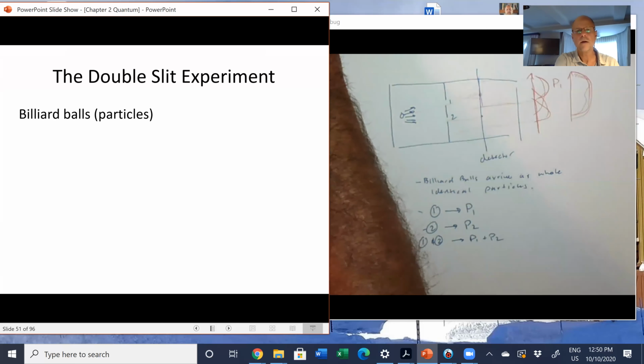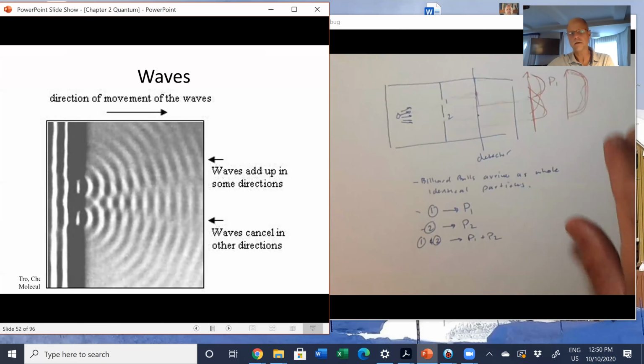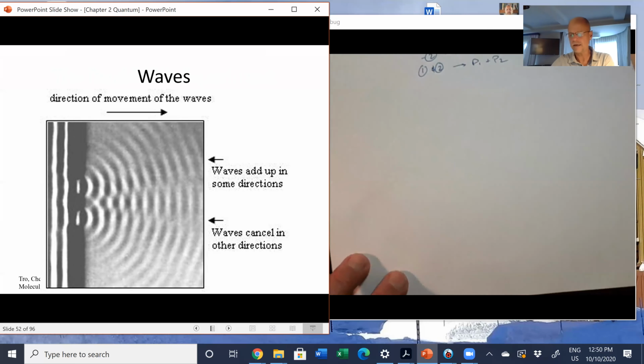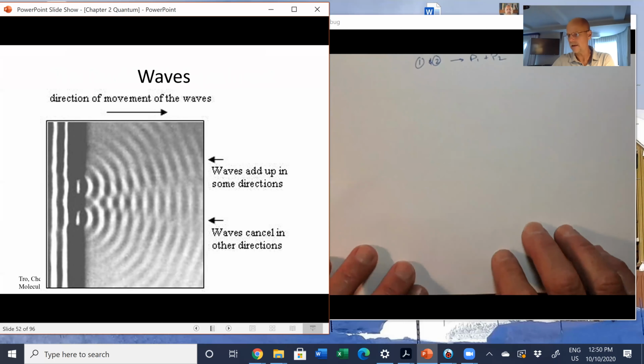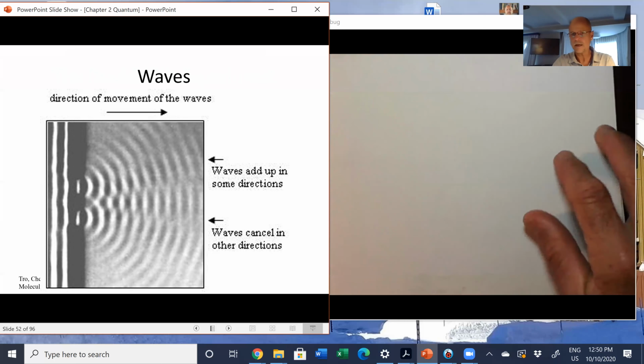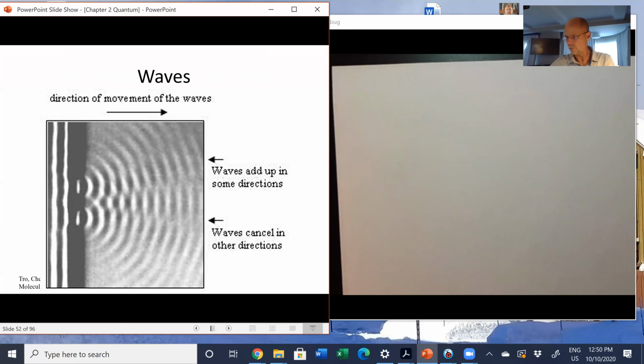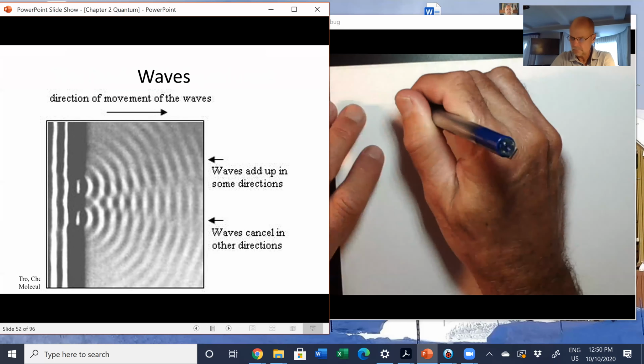What happens if we repeat the same experiment, but now instead of billiard balls, we do it with waves? Just think of a shallow tray now instead of a pool table. We're going to imagine a shallow tray with water in it.